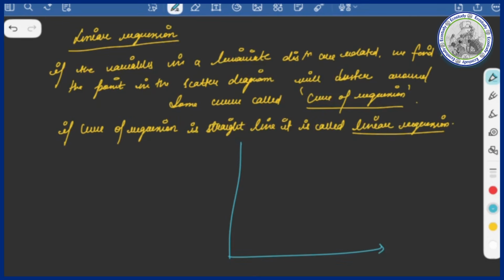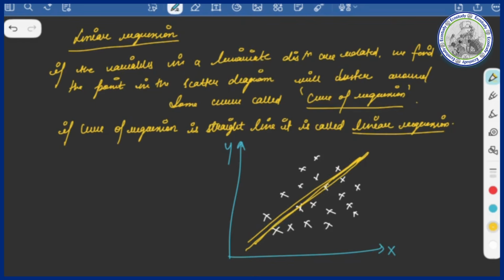See, this is your variable x and variable y. Okay, you have some points like this, then you will fit a line, the best fit line, and this line is known as linear regression.